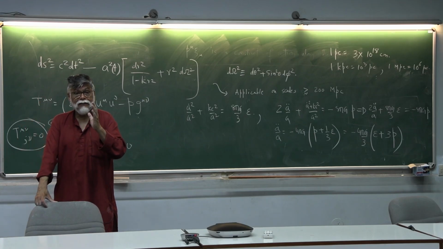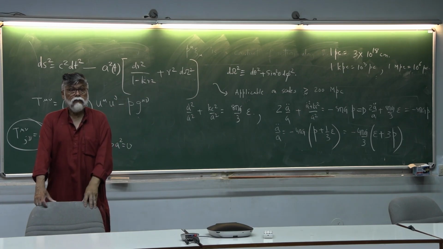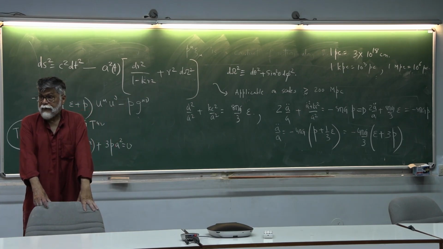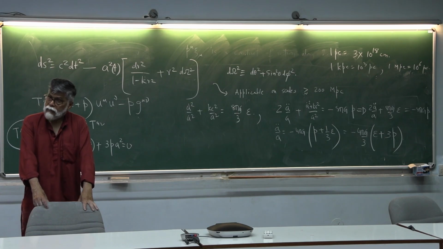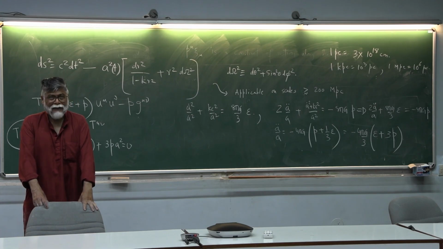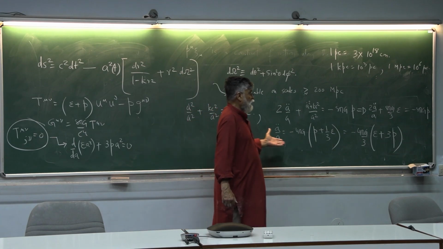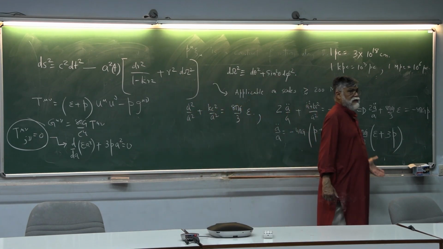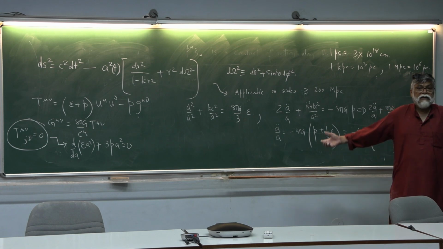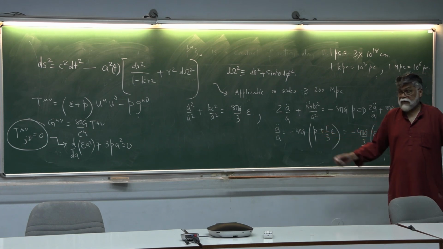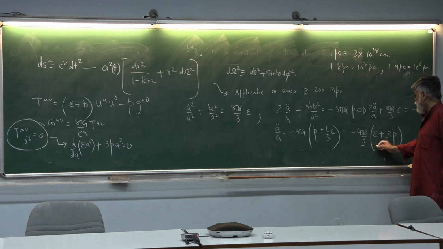With that underlying assumption, the three people's conclusion that the expansion of the universe is accelerated, that conclusion is correct. Then there is a problem. How can you reconcile your Friedmann-Lemaître equations with observation? Yes, there is a way of reconciliation, and that is, due to some reason, there is some exotic matter.